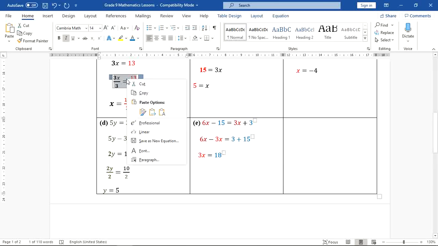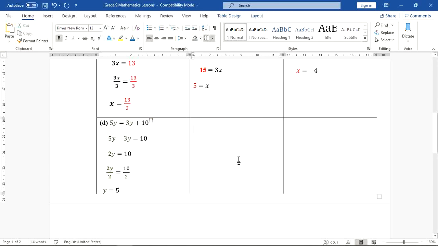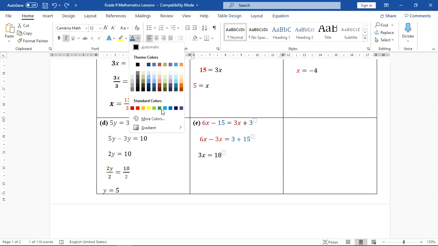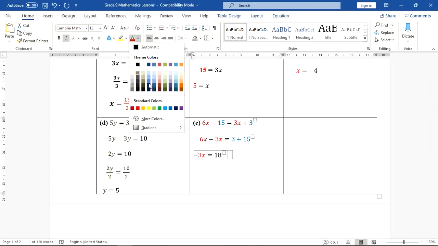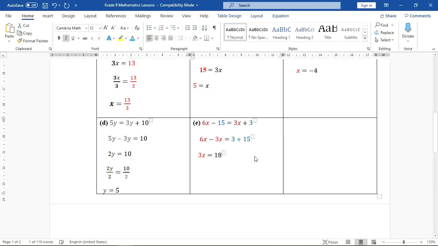So we know that 18 is a multiple of 3, or we can say that 3 is a factor of 18. So that means 3 can go into 18 exactly, and that will be 6 times.